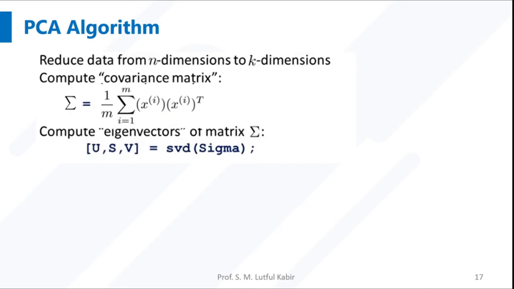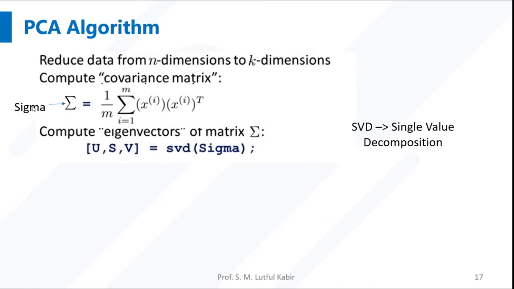You apply this function over sigma, which is calculated from this equation. That abbreviation SVD actually stands for singular value decomposition. We are not going into detail of how this SVD works. Rather, we'll use SVD, and for that we have to calculate the sigma.